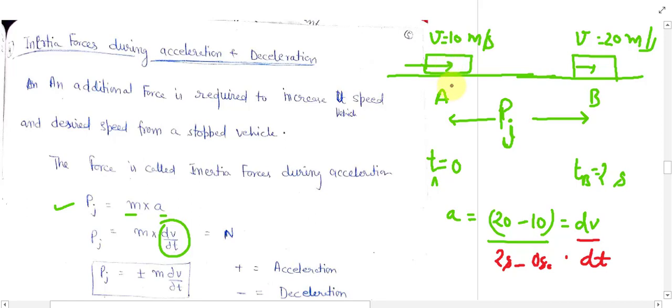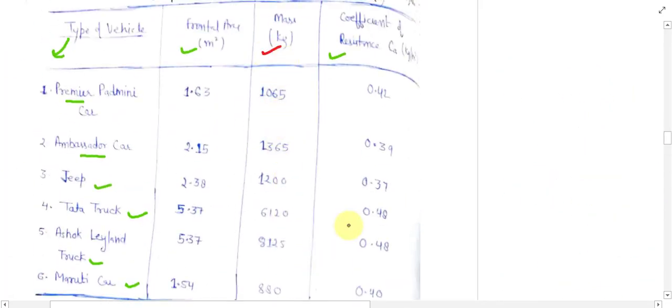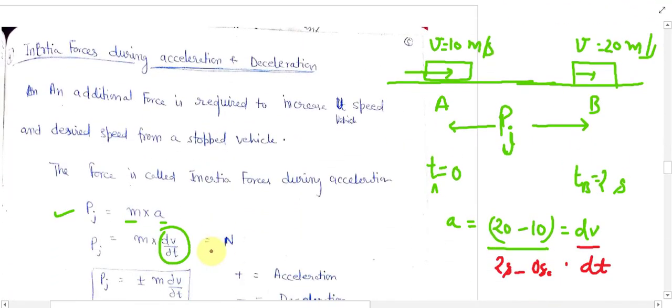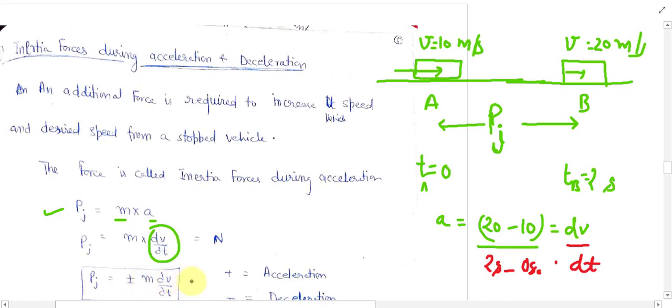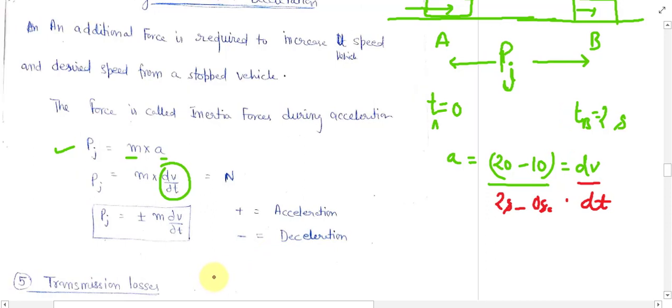The mass of this vehicle can be taken from this table on the basis of the type of vehicle. Again, plus sign for acceleration and minus sign for deceleration.